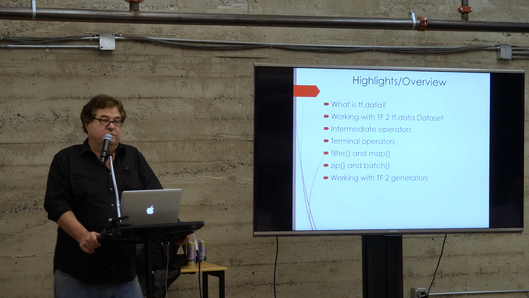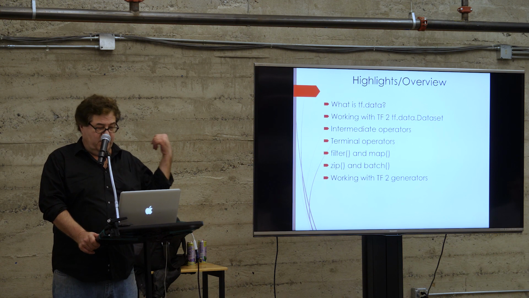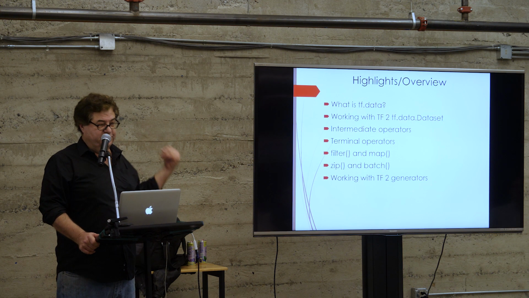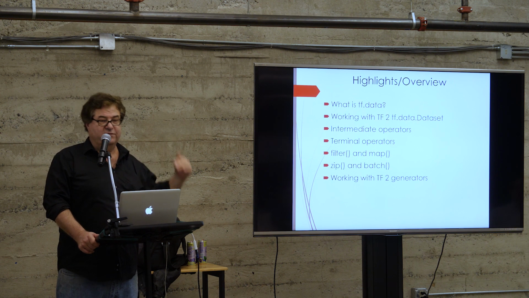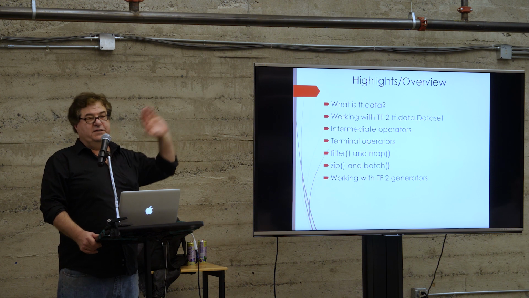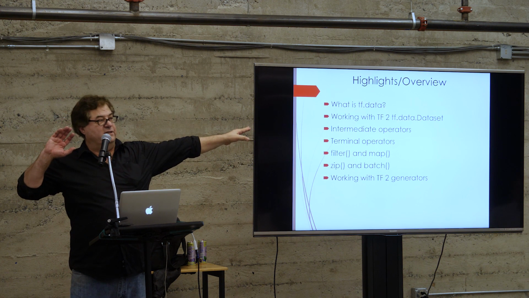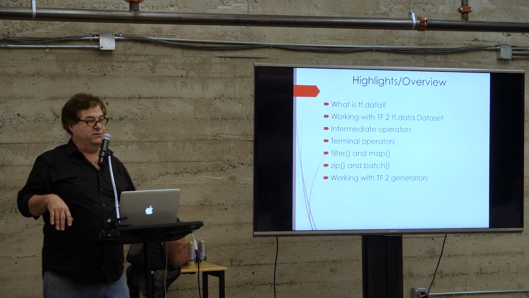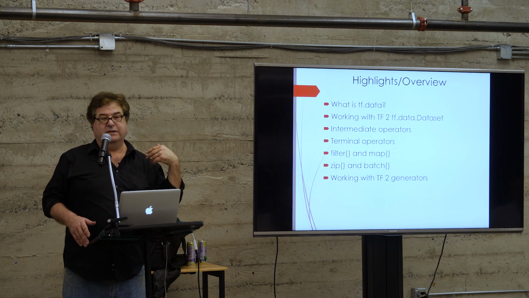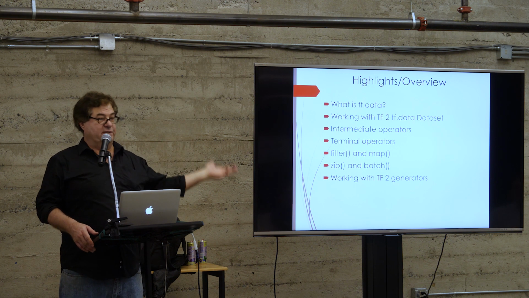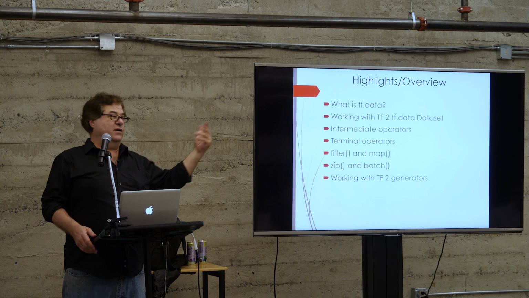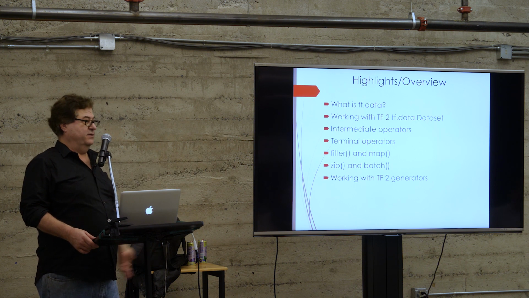And in the case of tf.data, there's going to be a set of other operators. There's a little bit of terminology. Operators like this are called intermediate operators. In some languages, and particularly in TensorFlow, they're called lazy operators.